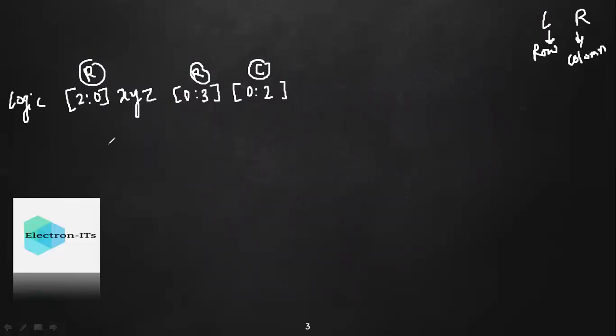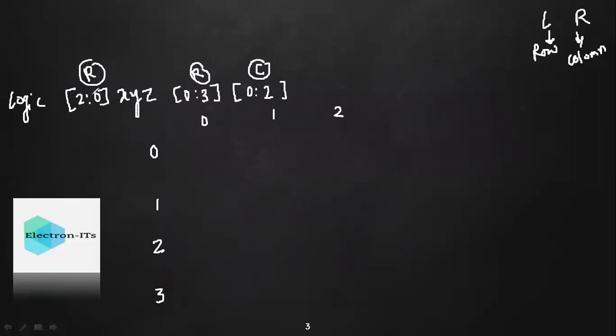So how to represent this? So there are three. So first you will focus on this, right? So there will be four groups, 0 1 2 3, because the number of rows are 4. Now you have to focus on columns. So there are three columns, so 0 1 and 2, and row column and then again row.